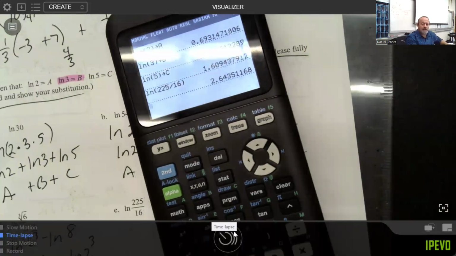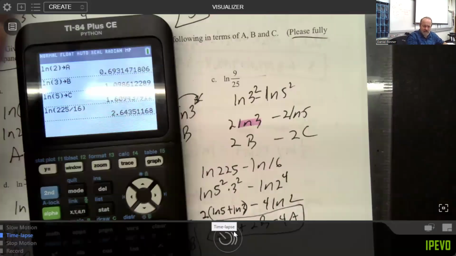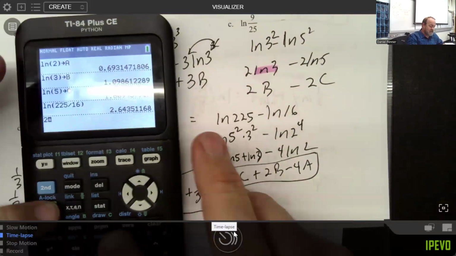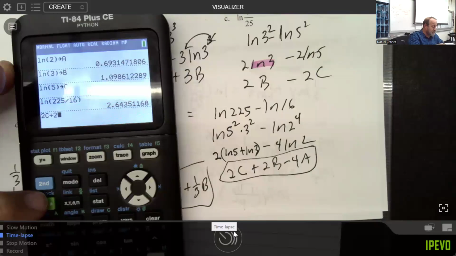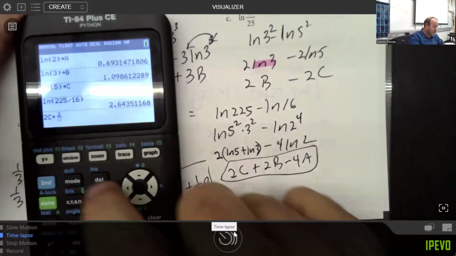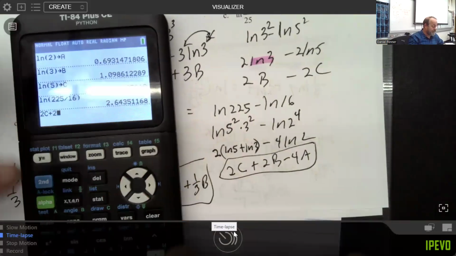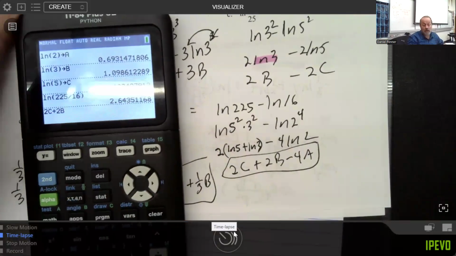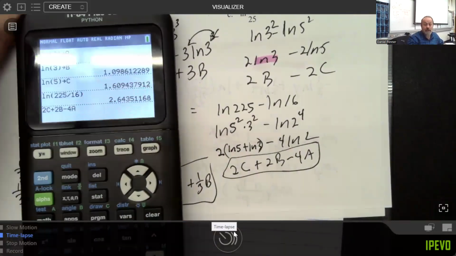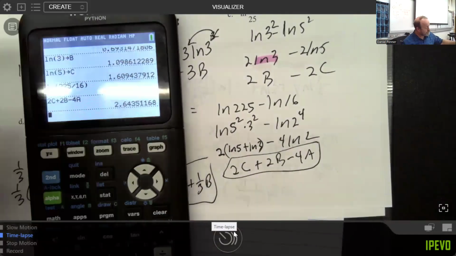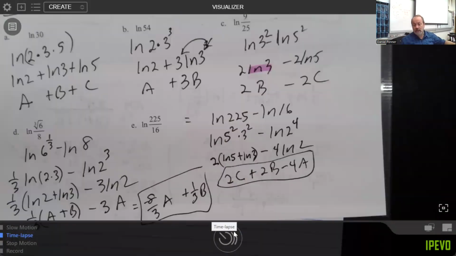But when I did my math, I got 2.64 as my answer, but this is 2 C's plus 2 B's. Oops, let me fix that. 2 B's, alpha B, minus 4A. Now, again, I'm hoping I got this right because I haven't done this problem on a calculator. Woo, got it. Nice. And easy to check our answer.